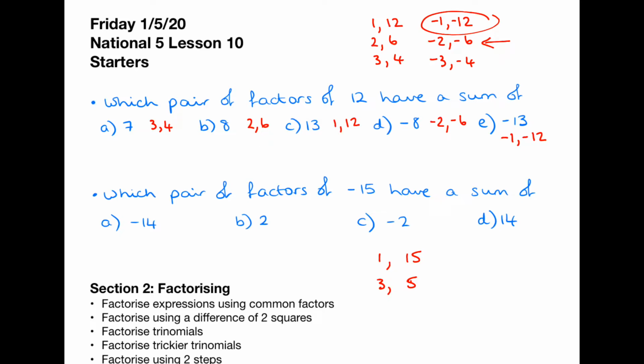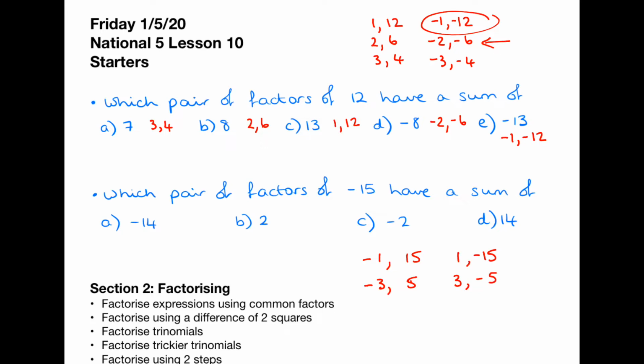Okay, so we've either got negative 1 and positive 15, or positive 1 and negative 15, or we've got negative 3 and 5, or 3 and negative 5. So there are four pairs that multiply together to give negative 15. So they're all our pairs of factors of negative 15.